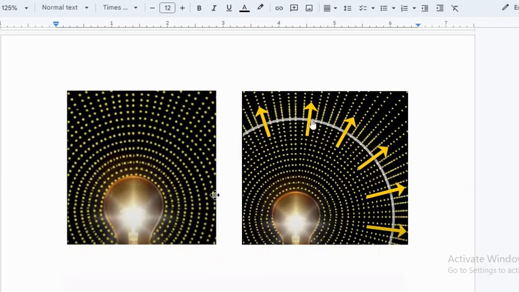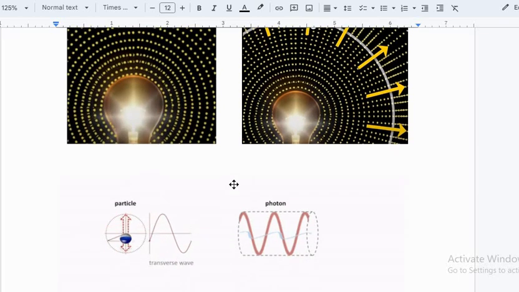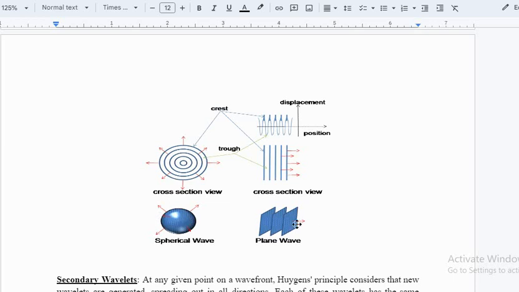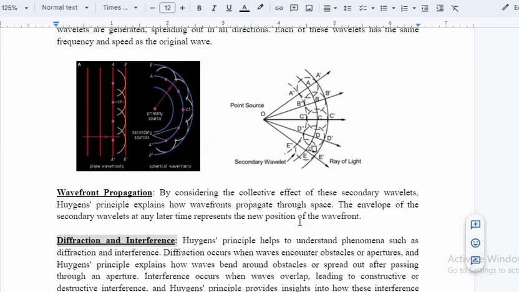This is the picture which explains the formation of wavefronts. So what is a wavefront? It is the combination of points where the electric field fluctuations are in the same phase. When they are in the same phase, this can be considered a wavefront.